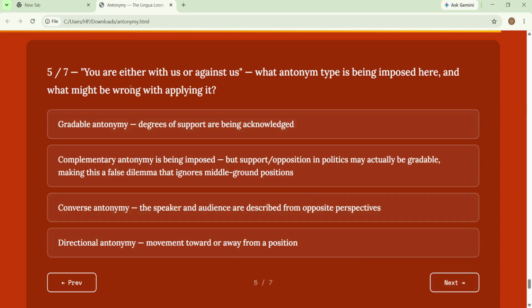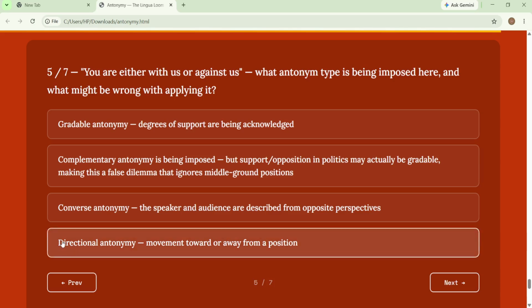So the fifth one is: you are either with us or against us. Which antonym type is being imposed here? And what might be wrong with applying it? Gradable antonyms: degree of support. You can't be very with them or slightly against.